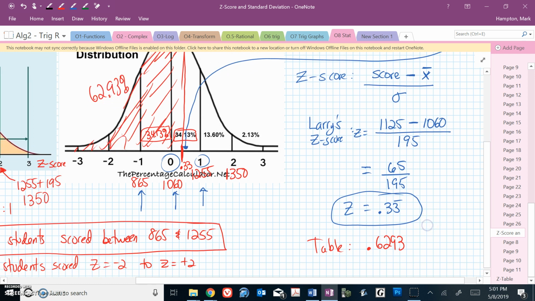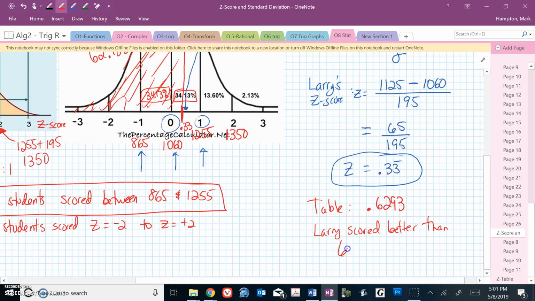That means that Larry scored better than 62.9% of the students. All right, so the process is you find a z-score, you look it up on the table, and then you interpret the results.